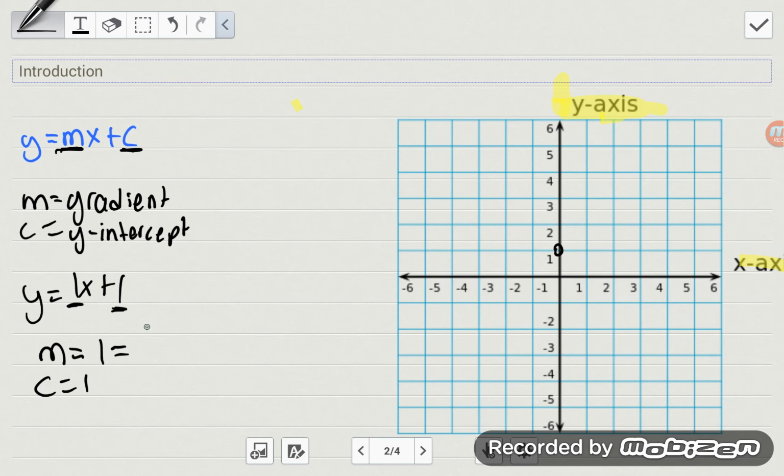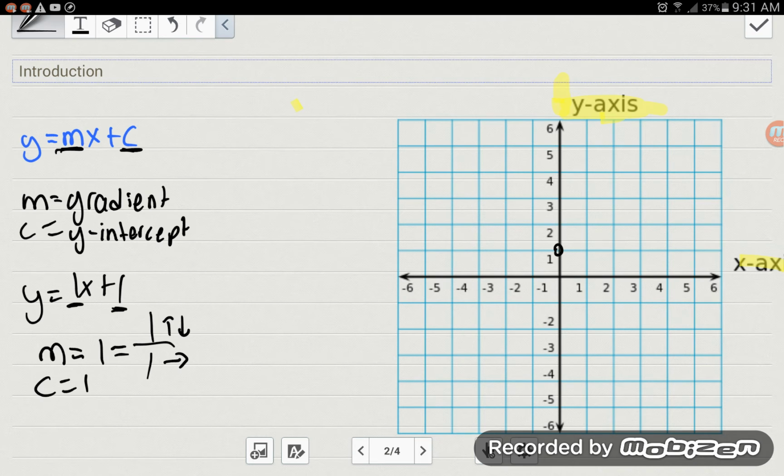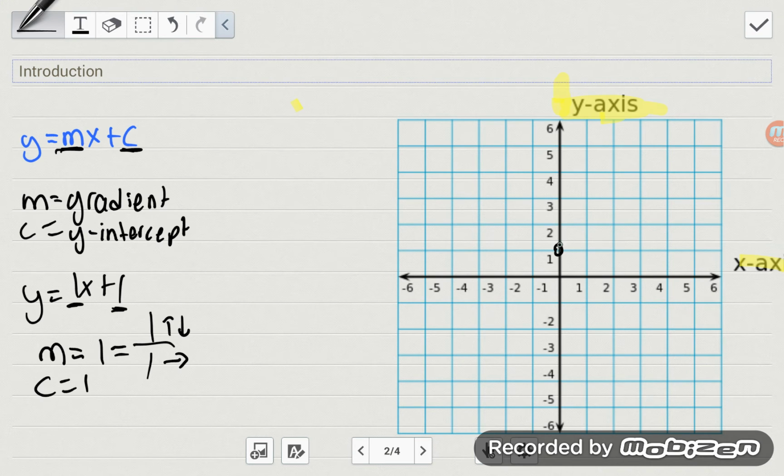After that, we need to turn m into a fraction, so 1 over 1. Now, the numerator in this fraction tells us whether we go up or down from the first point that we have plotted, and the denominator will always go to the right from our first point.